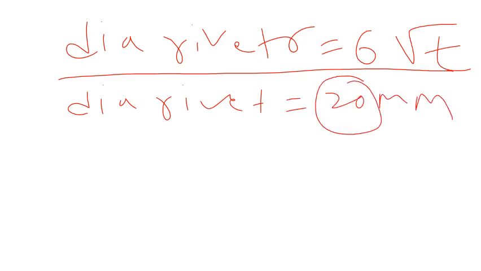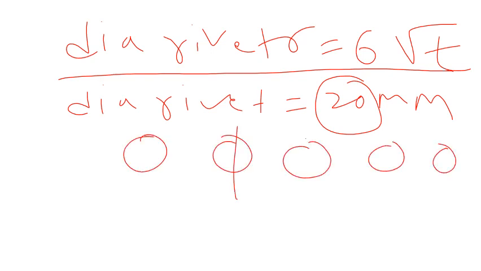Only one thing we have to consider: when we use the number of rivets using this diameter, there should be appropriate distance between two successive rivets and appropriate edge distance. That is the most important criterion for choosing the diameter of the rivets. We will see how to do this in the following slides.